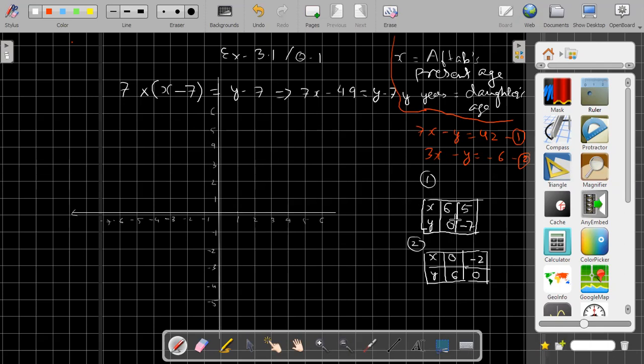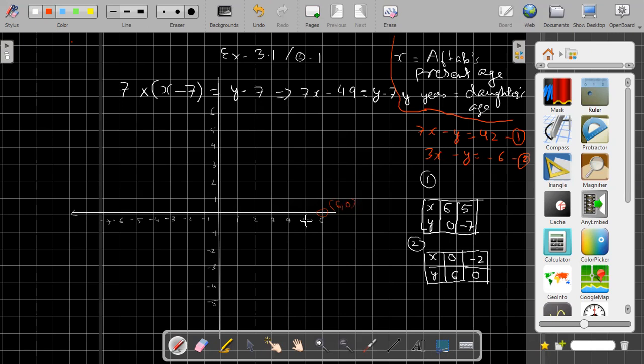So x is equal to 6 and y is equal to 0 will be this point. This point is representing what? It's 6, 0.